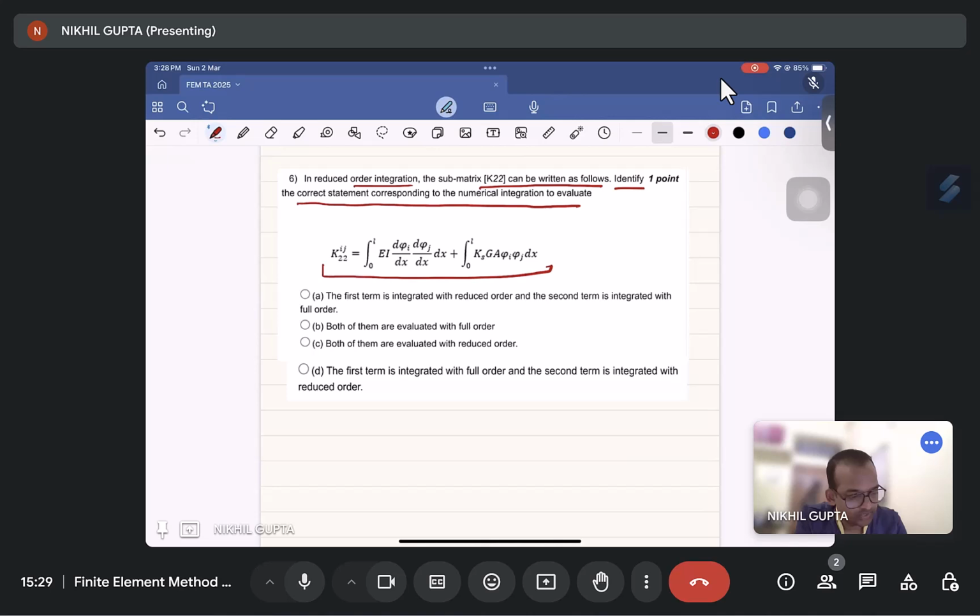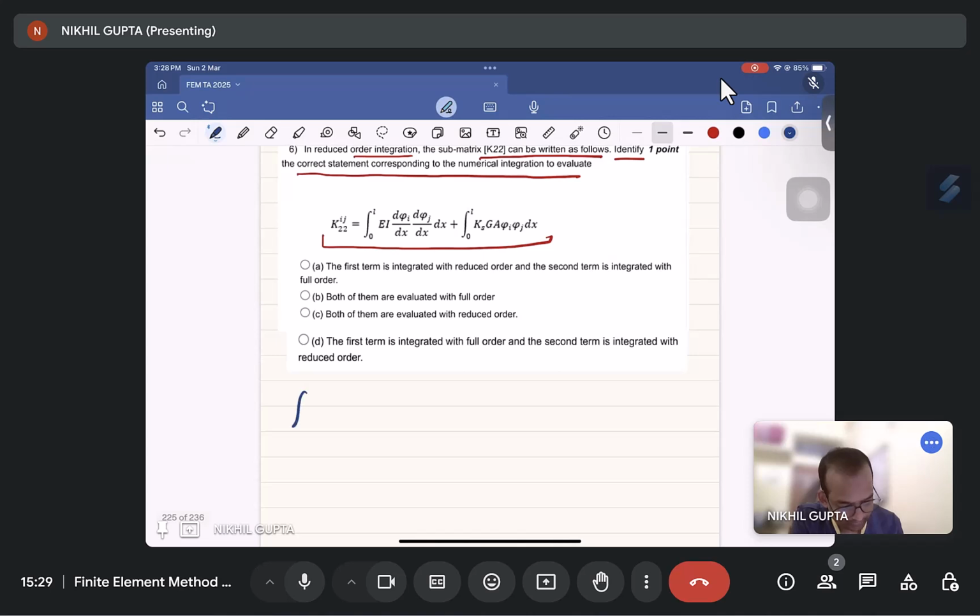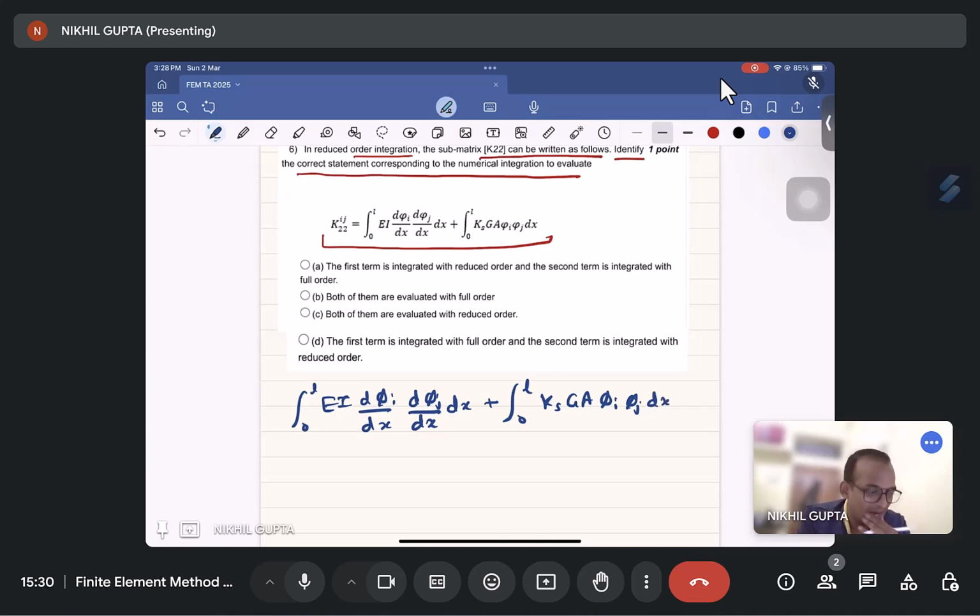Before going to the option list, let's write some theory. So this is integral 0 to L of EI d phi_i by dx, d phi_j by dx, dx. Now plus integral 0 to L of ks G A phi_i phi_j dx. As we all know, this term is the same as the Euler beam.